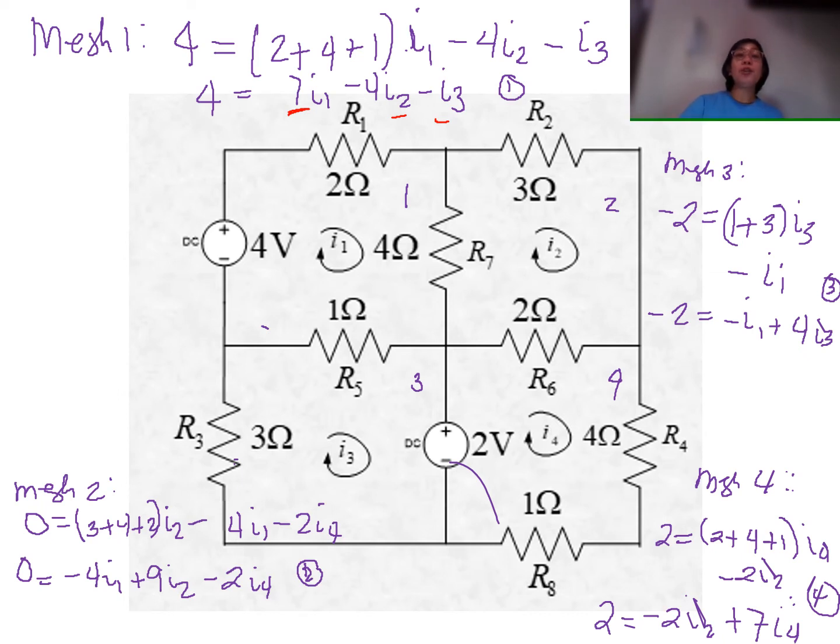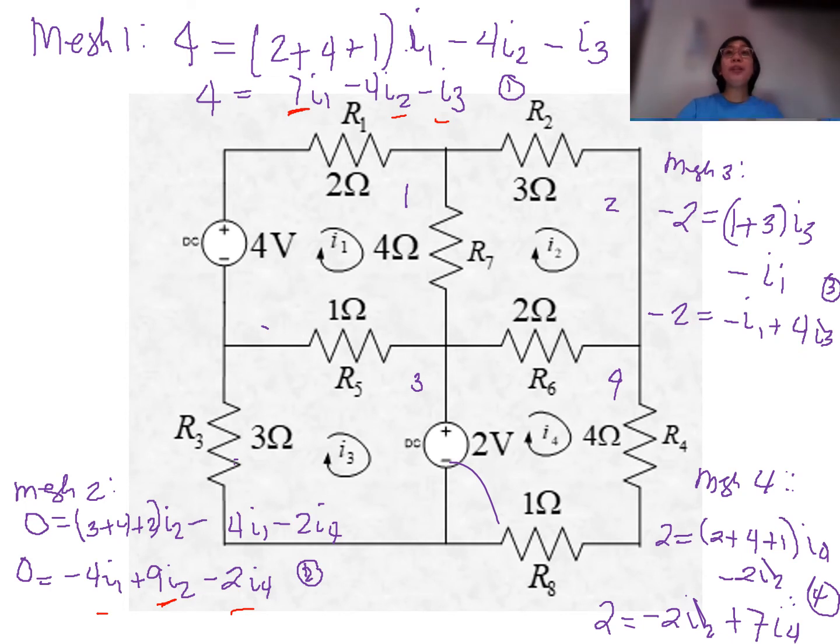All of the resistors connected in I2, we treat them as positive. So that is positive 9. And all mutual resistances, so that is the one which is connected also to the mesh number 1 and mesh number 4, we treat them as negative. Okay? So this is 0 because there is no voltage source along that specific mesh.